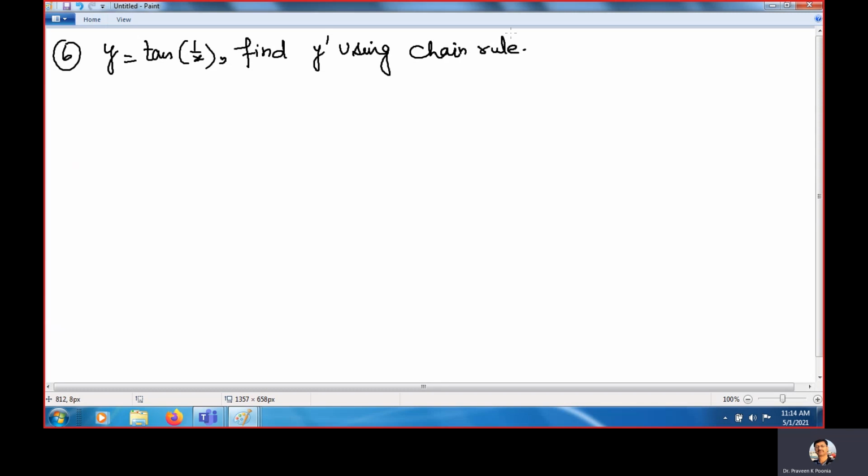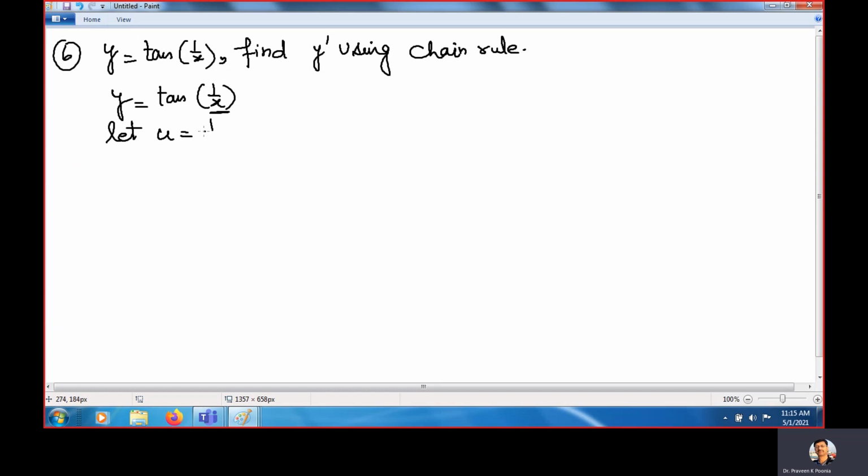So here you can see chain rule means what is the function given? Function given is tan 1 upon x. Chain rule means you need to break this function into two functions. Tan we know, trigonometric function, 1 upon x is different. So it should be x, but here it is 1 upon x.